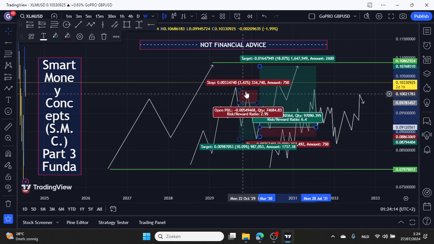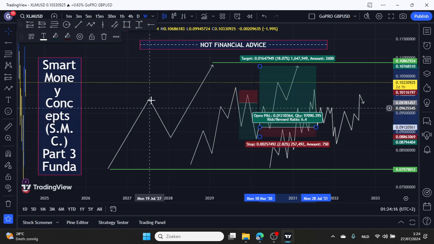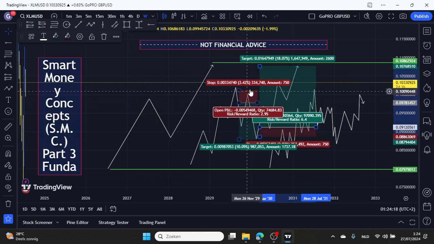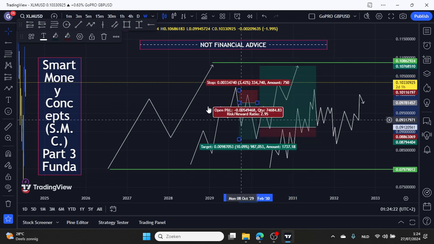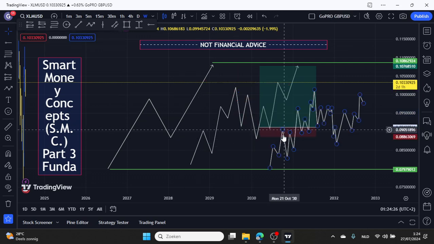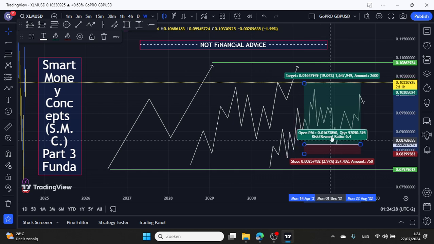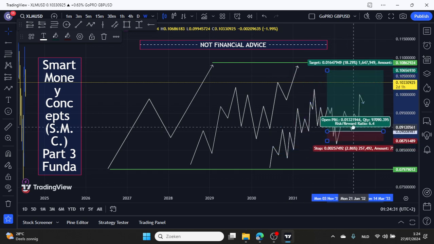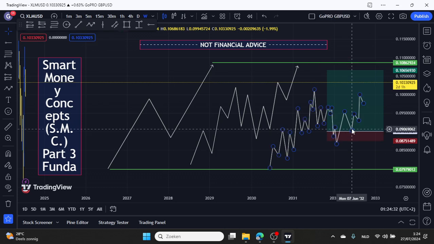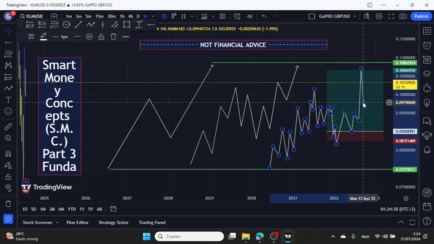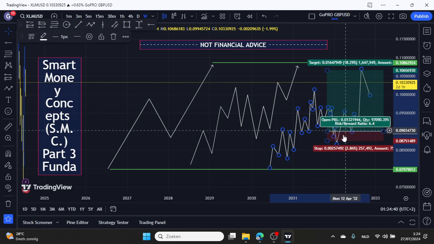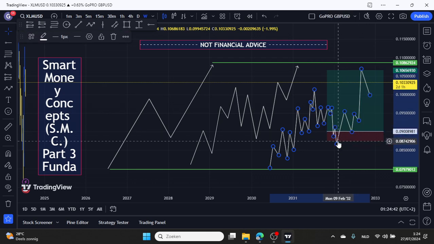So trading in line with the higher time frame and the fractal time frame bias is always better than going against the trend. And here you would see the same setup would play out. This taps the line, and this one, let's say it went up immediately and tapped into the take profit.